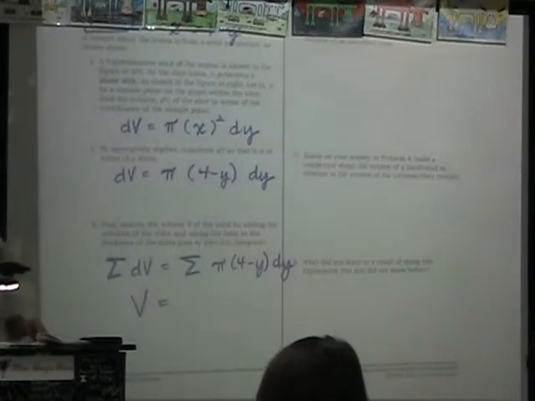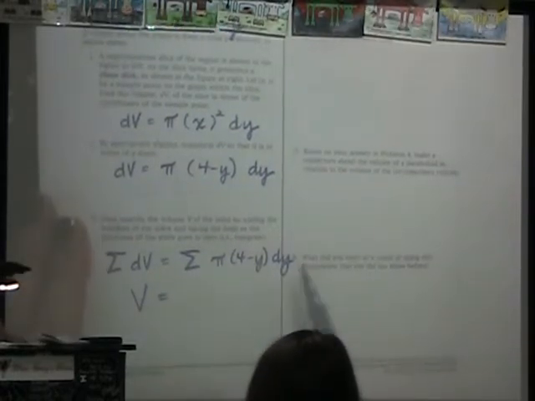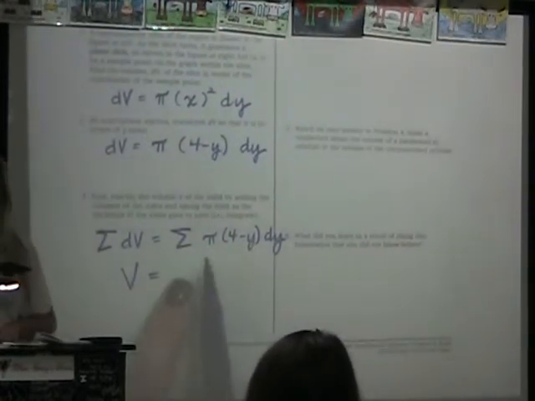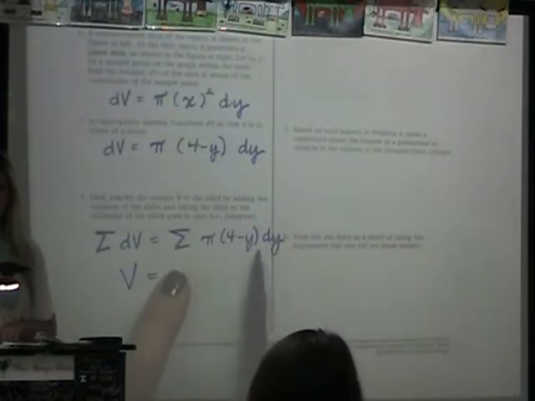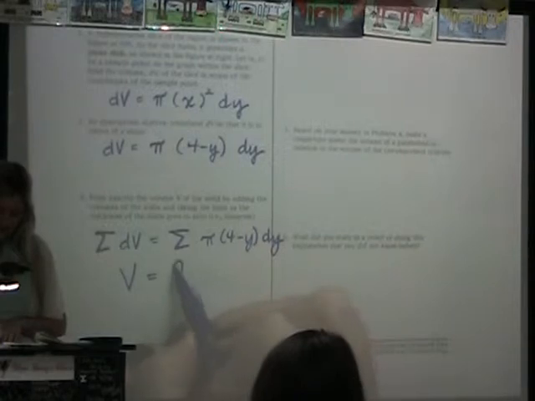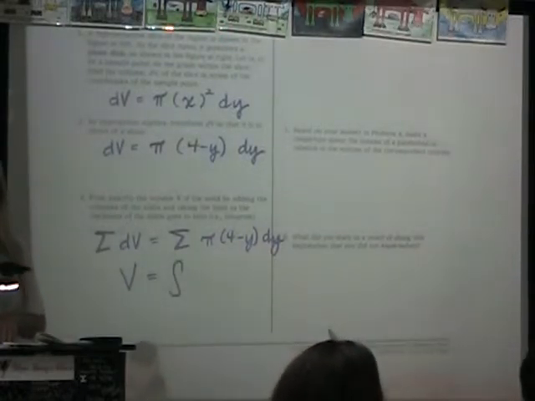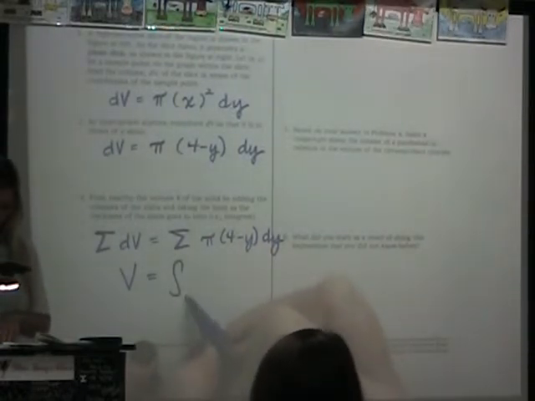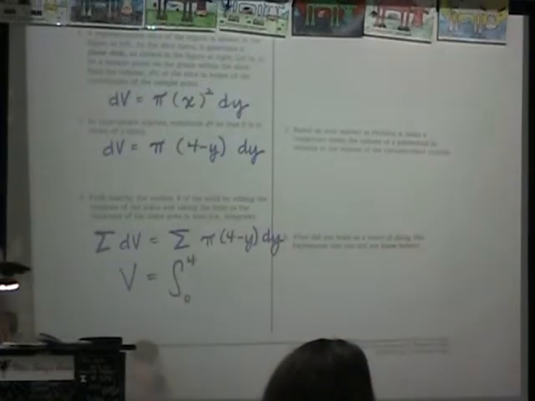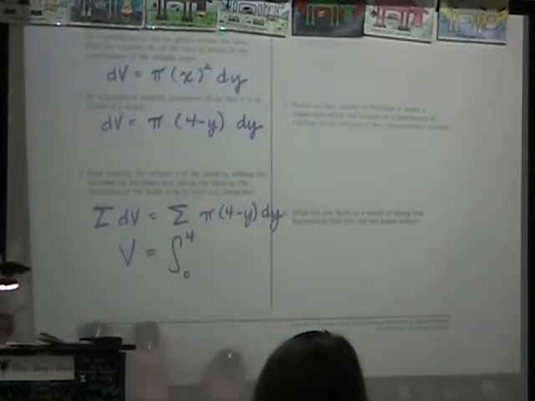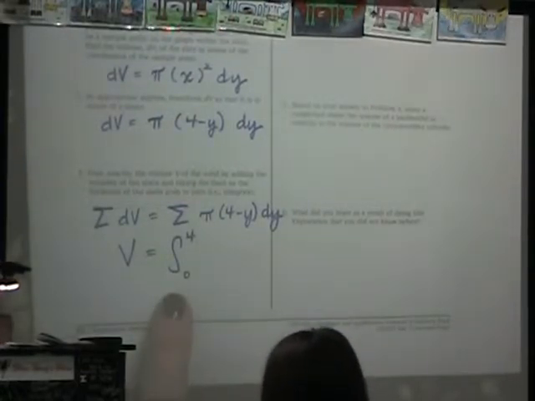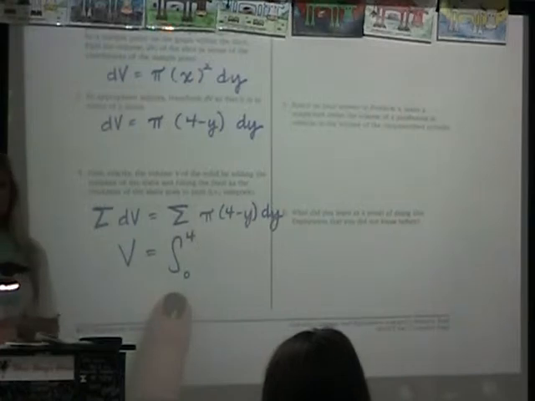And then when you take the limit of the summation, that's just the definition of integral. So we're going to take the integral. In this case, we're going to go from 0 to 4. Where did I get those bounds? Where did I get 0 to 4? It's how high it is.